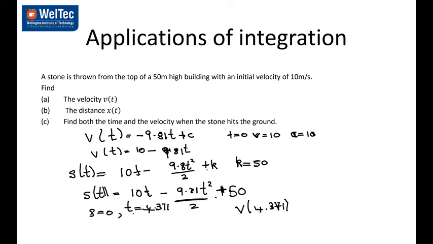If we work that out using our calculators, it becomes negative 32.88, and it's meters per second. Now it's negative, that simply means it's going down. So there's nothing fancy about that.